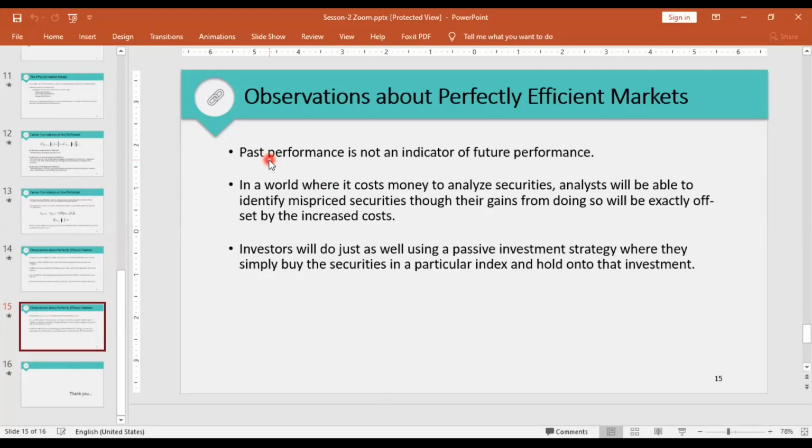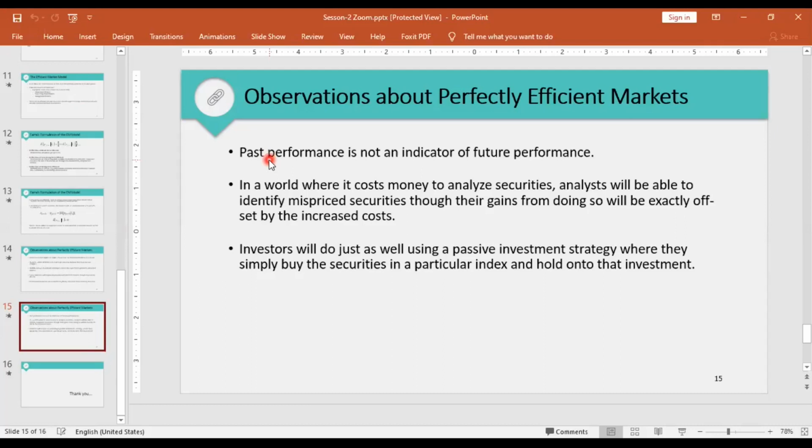So in a world where there is a cost of money, analyzed securities, analysis will be able to identify mispriced securities. Now this is very important. Now with the cost, if we have sophisticated softwares, if we have big servers connected to the markets, pulling up a lot of data and doing some big data analysis, probably you might be able to find out mispriced assets where you could generate some kind of an abnormal return.